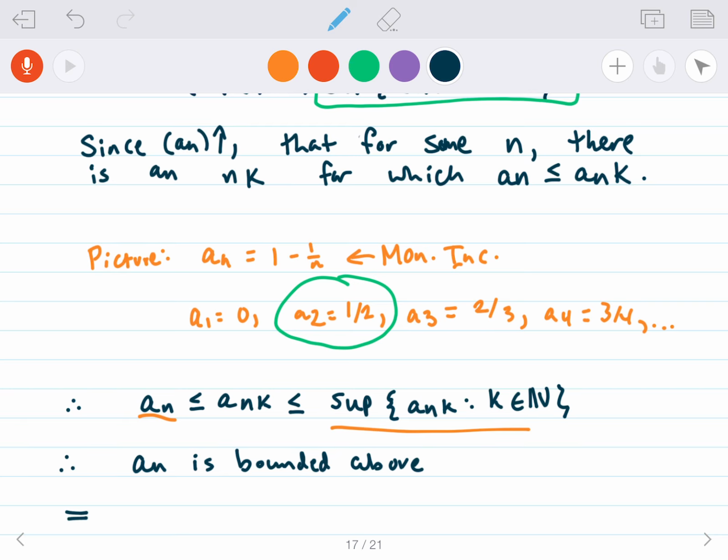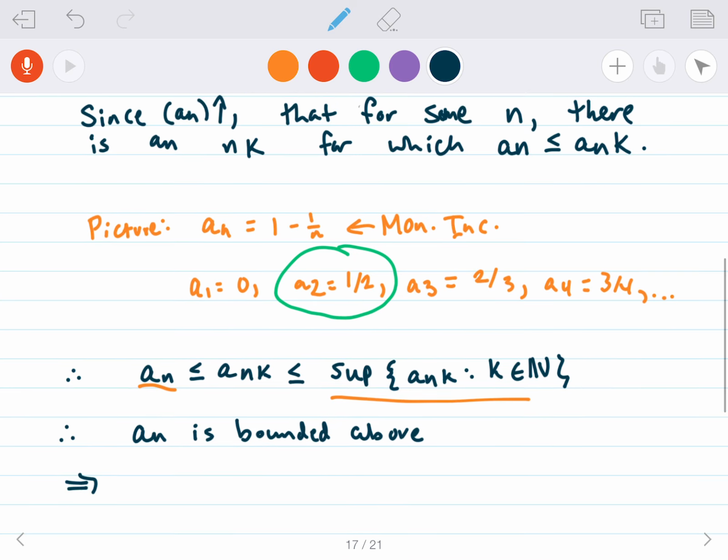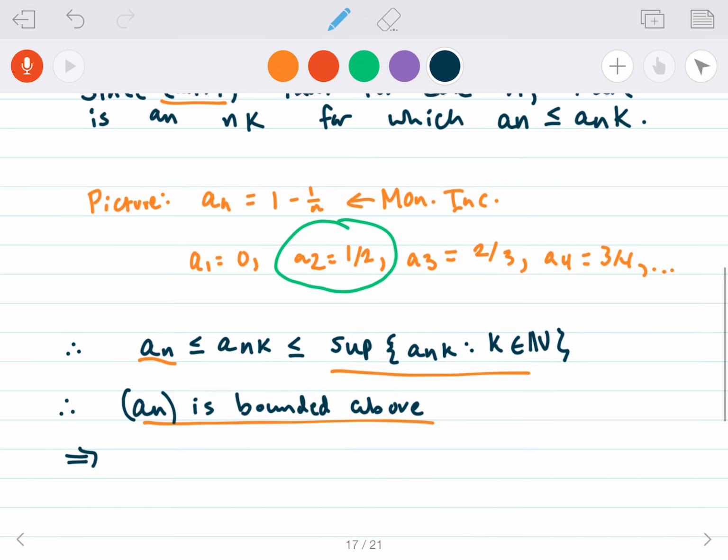Okay, and so now, since we assumed that a sub n was monotone, and we just deduced that a sub n is bounded above, by the monotone convergence theorem, we can say that it converges. So by the monotone convergence theorem, this means that a sub n converges.